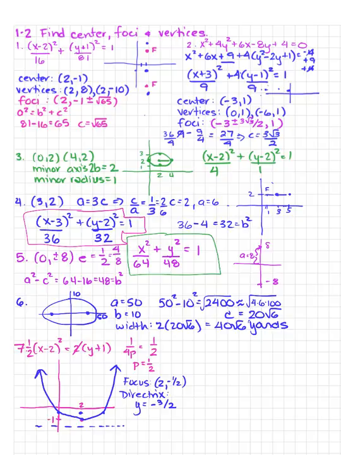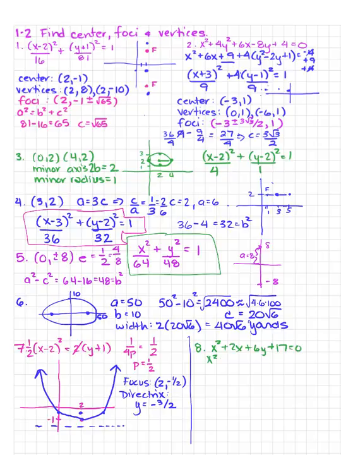Okay? And number 8, let's see, I'm going to see if I can fit that on the same page and do that one off to the side since it's the same instructions. For number 8, we're going to have to complete our square, so they gave us x squared plus 2x plus 6y plus 17 equals 0.